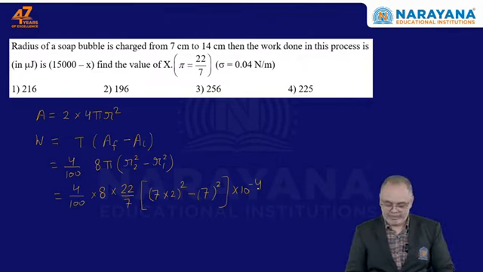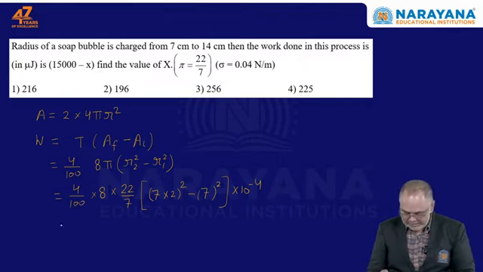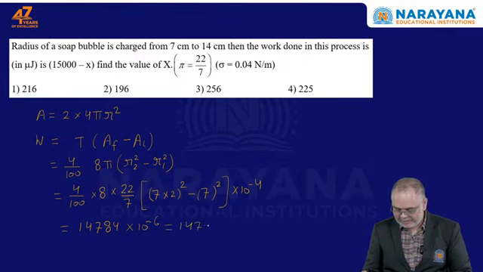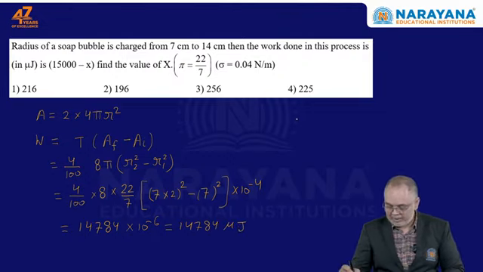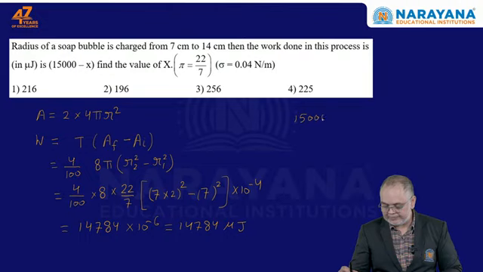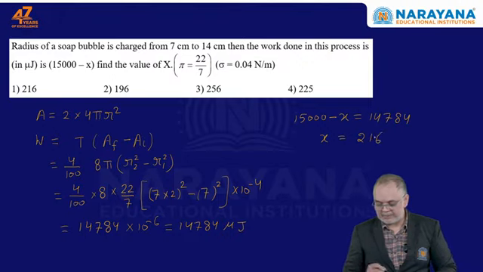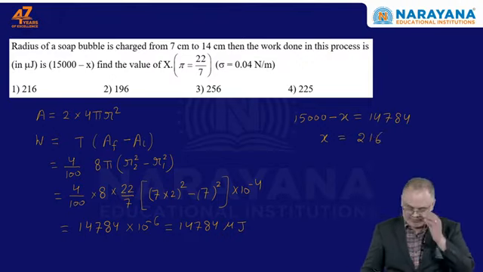We have to write the area here. Now if we solve this, it comes out to be 14784 into 10 to the power minus 6, that is 14784 microjoules. So we can say 15,000 minus x is equal to 14784. So from here we get x equal to 216. So this is the answer of this problem.